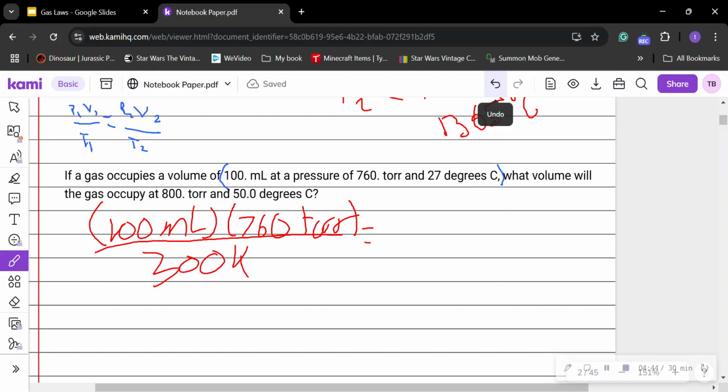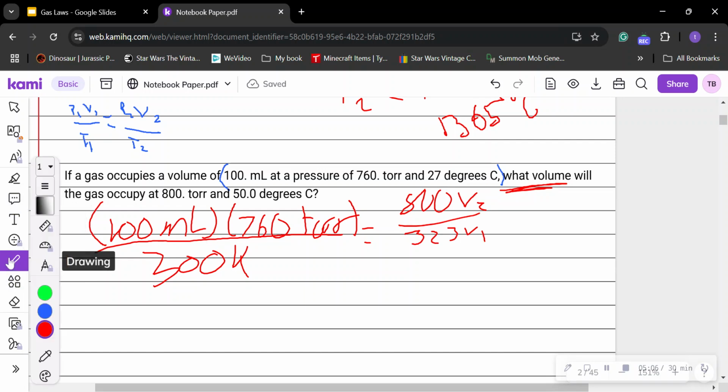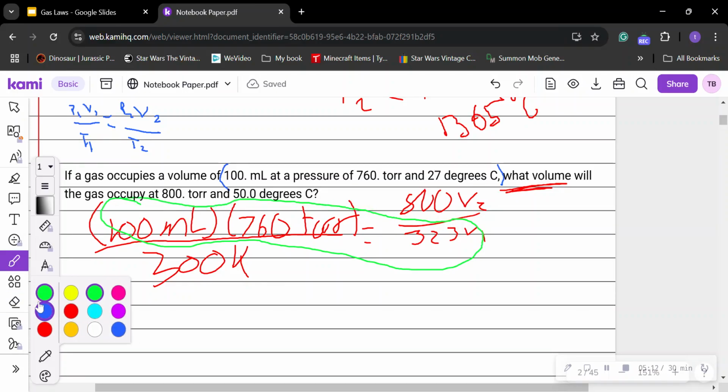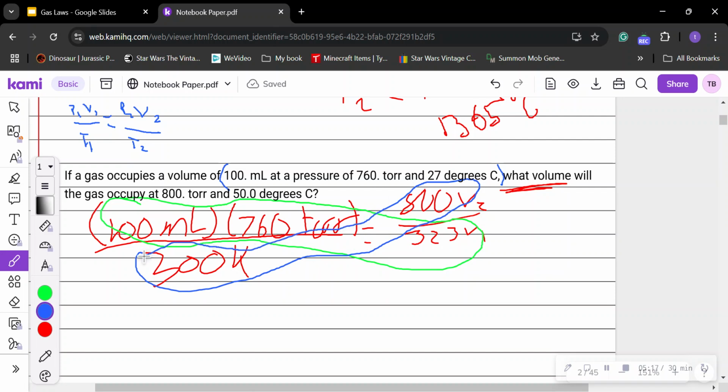Equals, so we're looking for V2. We are given 800 torr, which is our pressure, times V2 over 50 plus 273, 323 Kelvin. Then again, we cross multiply like always, this entire side times this entire side. On our scientific calculators, we want to multiply 100 by 760 first.